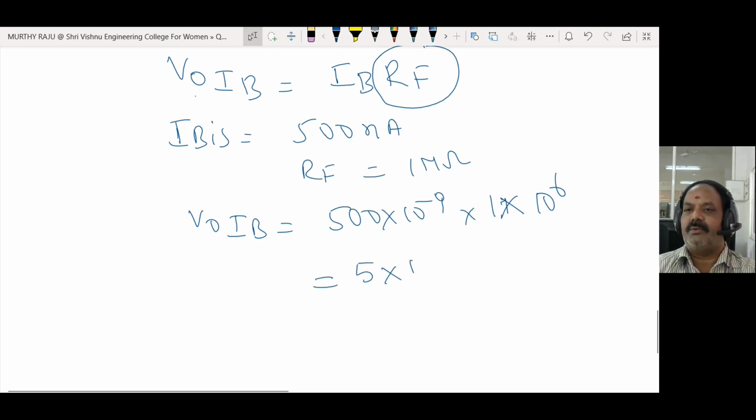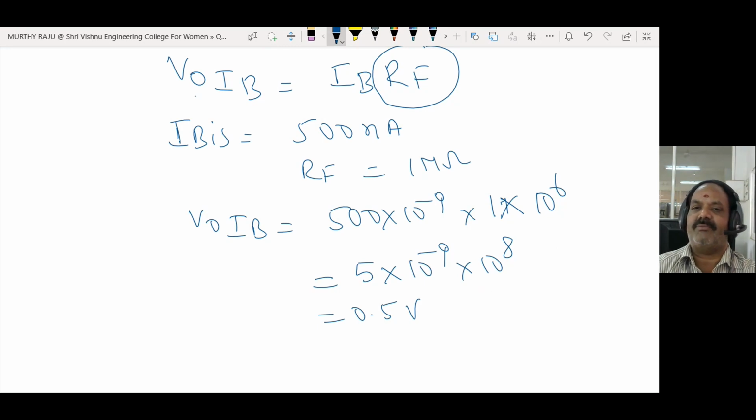That is 5 into 10 power minus 9 into 10 power 8, which is 0.5 volts. This is a high value, 0.5 volts. This is the output offset voltage due to input bias current.